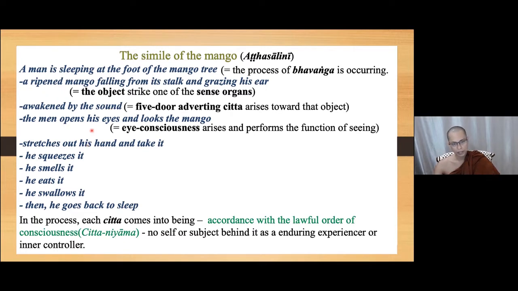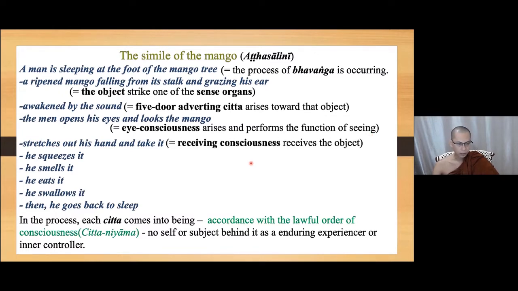Then the man opened his eye and looked at the mango. So eye consciousness arises, performing the function of seeing. This is eye consciousness. At the time when the sound strikes the ear sense organ, the ear consciousness arises, performing the function of hearing, etc.